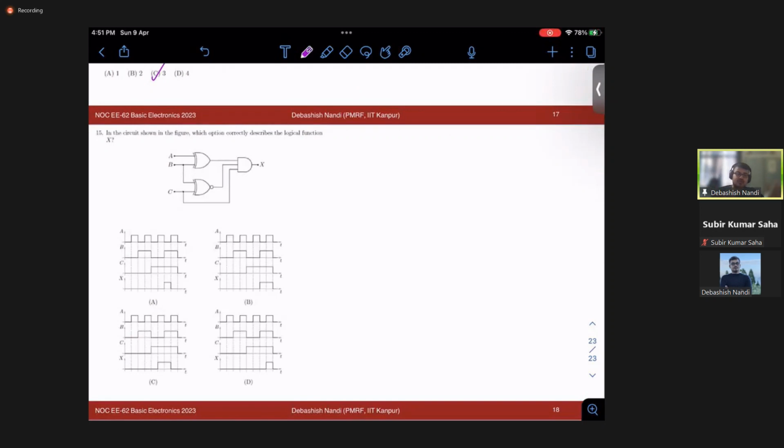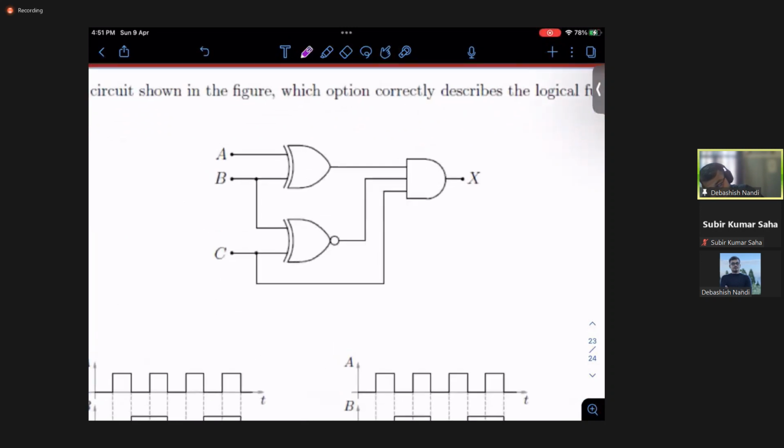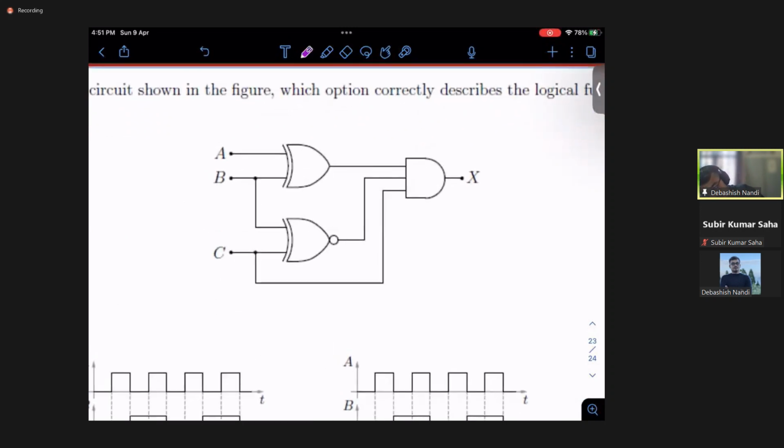First thing first, what is the first thing? Need to find out the truth table. Okay, even without finding out the truth table, you can do it, but just for the sake of this problem, we'll do the truth table thing also. Okay, so what is this?